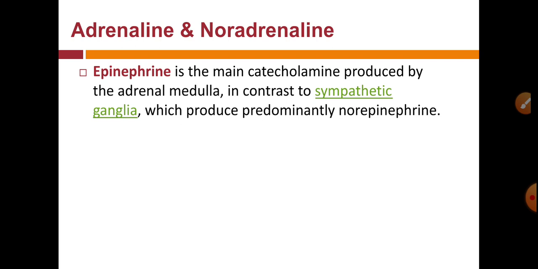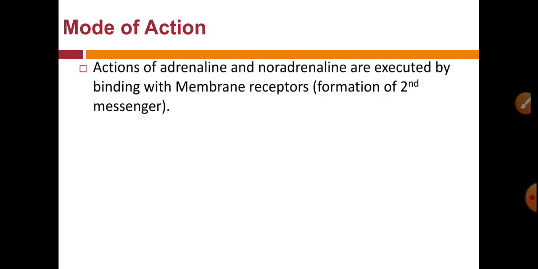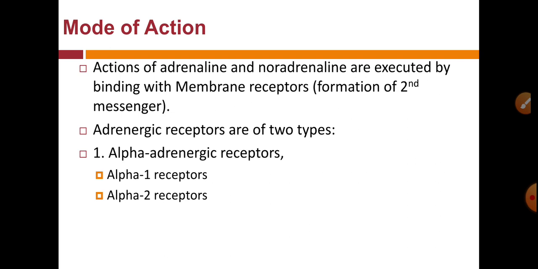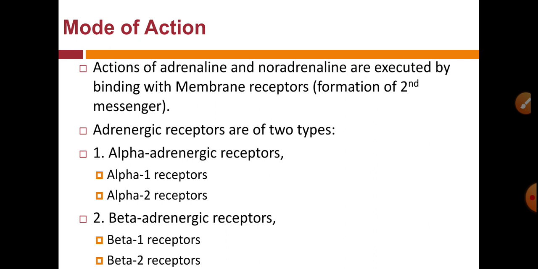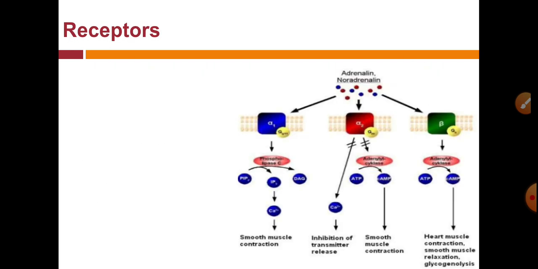Mode of action is through membrane receptors, and these are of two types: alpha adrenergic receptors and beta adrenergic receptors. Alpha adrenergic receptors are again divided into alpha 1 and alpha 2 receptors, while beta adrenergic receptors are divided into beta 1 and beta 2.